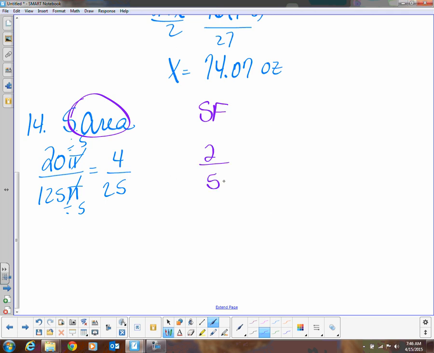All right, in 14, they're looking for volume. The volume of the large is 192. So what am I going to need to do to my scale factor? Cube it because I need my volume ratio.